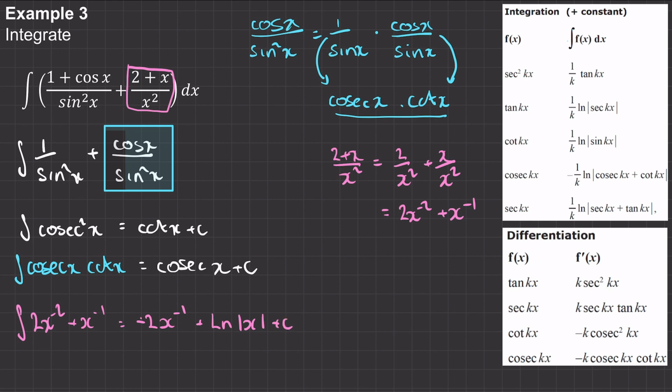So finally, we can put all of these together, and the integral will be cot x plus cosec x minus 2 over x plus the natural log of the magnitude of x plus the final constant c.